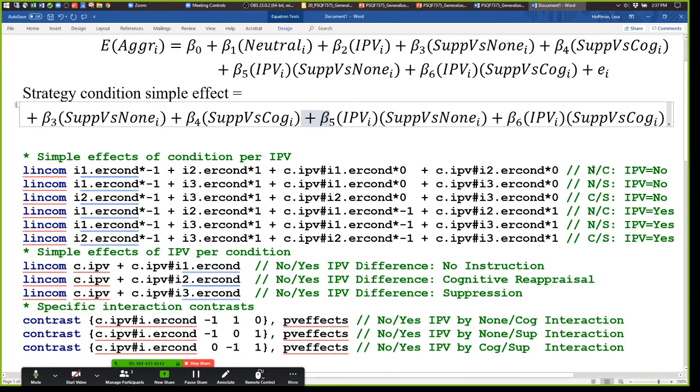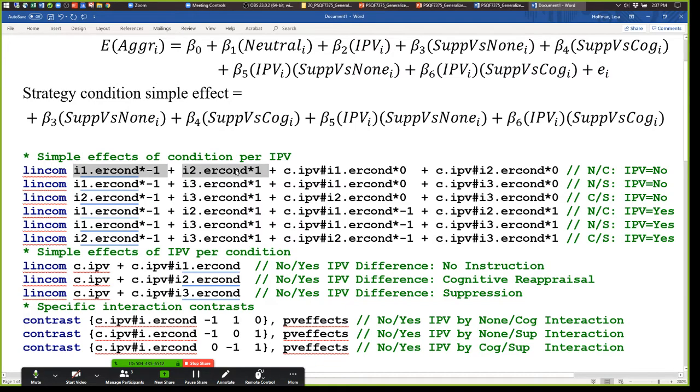So if I want the difference between none and cognitive reappraisal, then I want the difference between group 1 and group 2. So in Stata, it's I1 and I2.